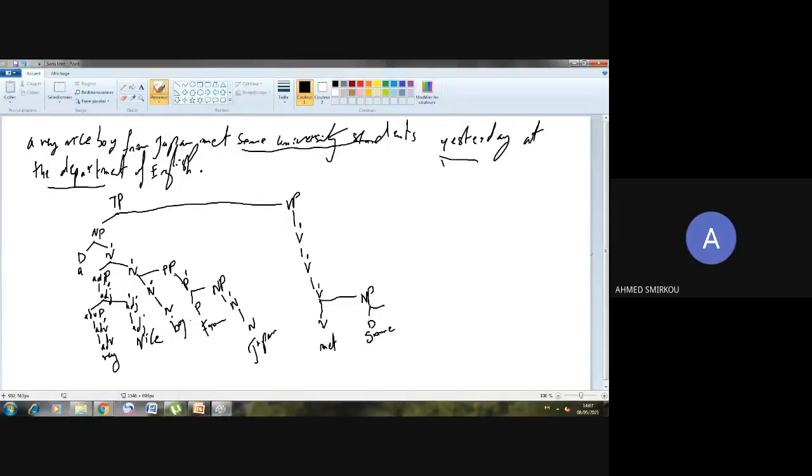We have two branches: adjective phrase and another N bar. Very good, because here the university, we know that it's a noun, but it functions as an adjective here. University modifies students, okay? Adjective bar, university, and from the N bar we have a noun, students.